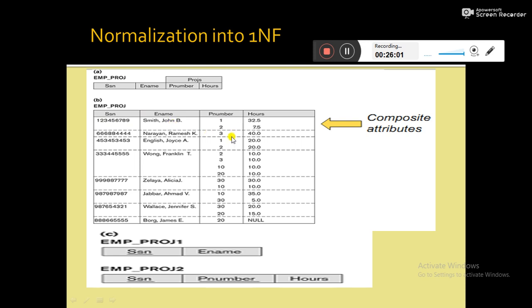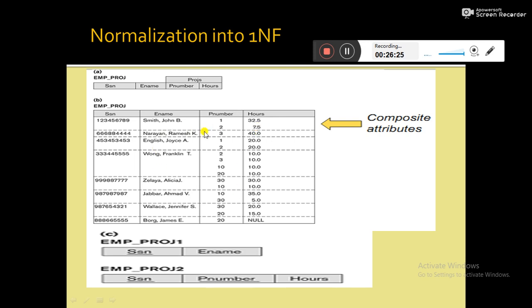Based on this data, we can see that that employee works on two projects. One is project number 1, for which he works 32.5 hours, and the same person works on another project, whose project number is 2, for 7.5 hours.